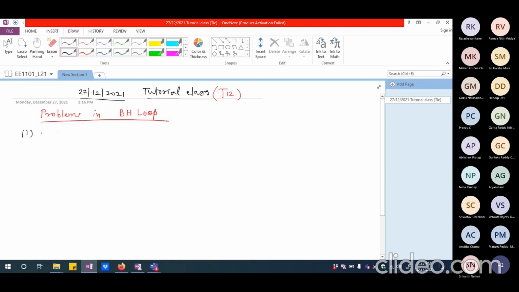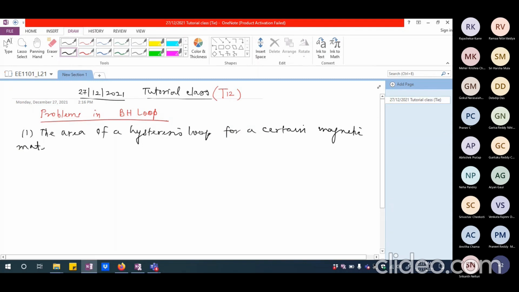The area of a hysteresis loop for a certain magnetic material is 160 centimeter square with the following scale.